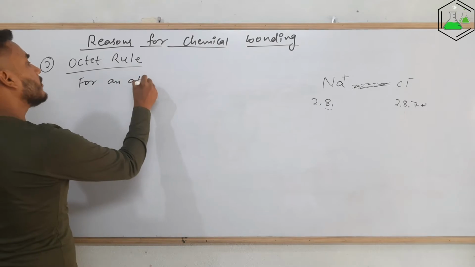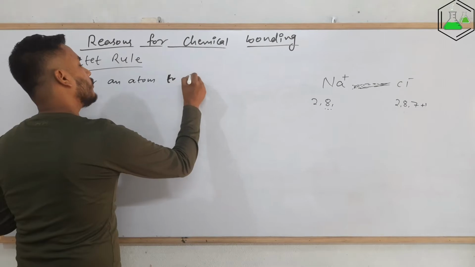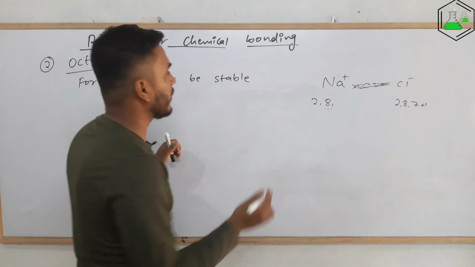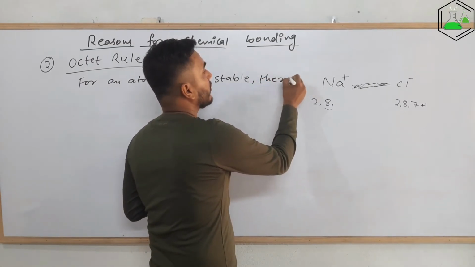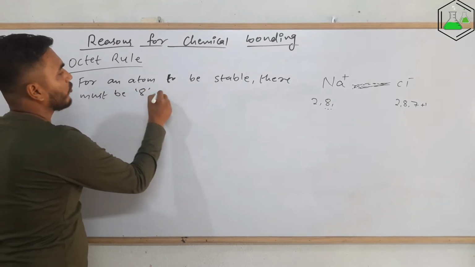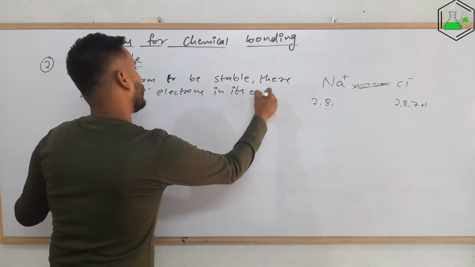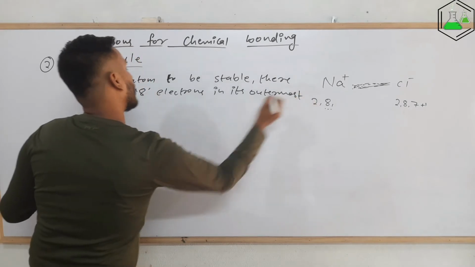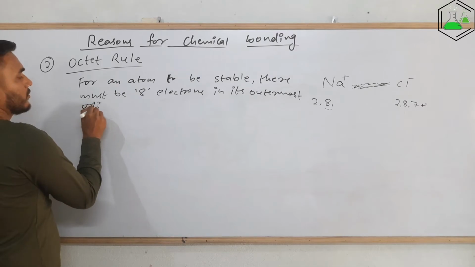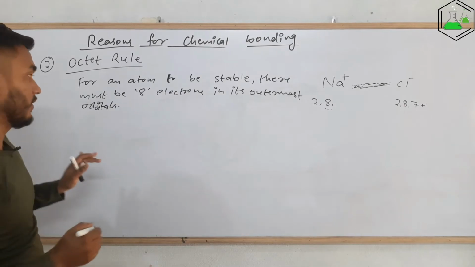For an atom to be stable, I'm writing atom here, because we are talking about the case of an atom, there must be 8 electrons in its outermost orbital, right? That is the nearest noble gas configuration.